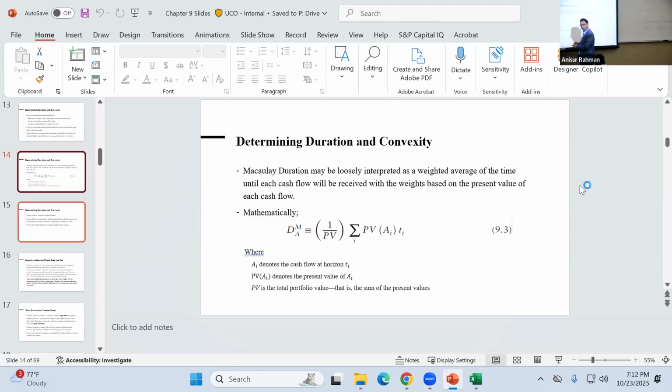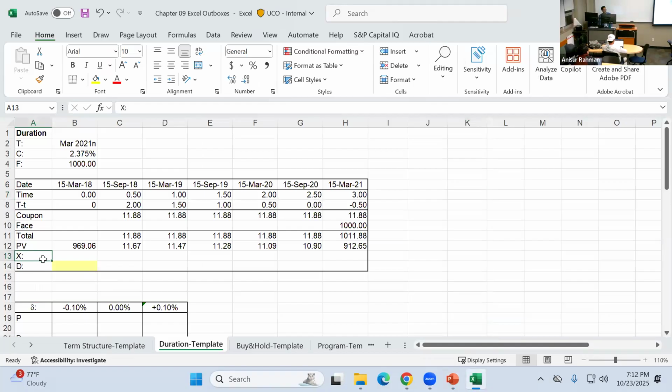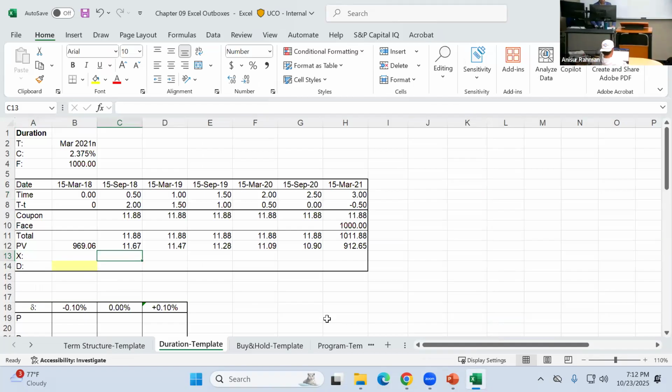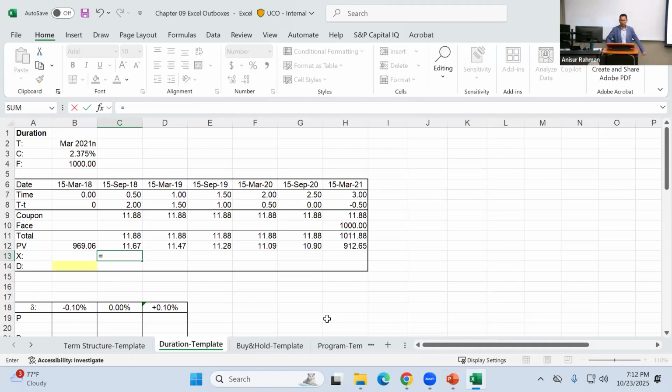Okay, so we are going to implement that in our Excel. So first we are going to calculate the weights, this X. And how can we do that? What do we have to do? You can try to relate the formula. What is our A1, A2, A3 in this Excel? What are these values? First coupon, second coupon.